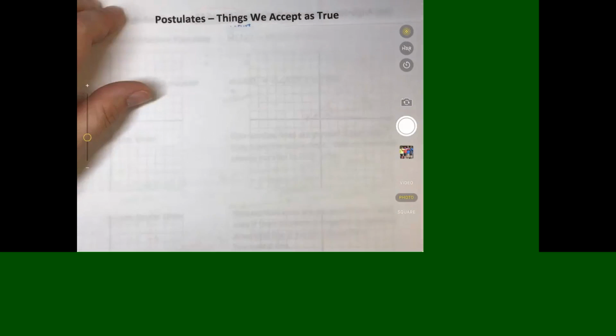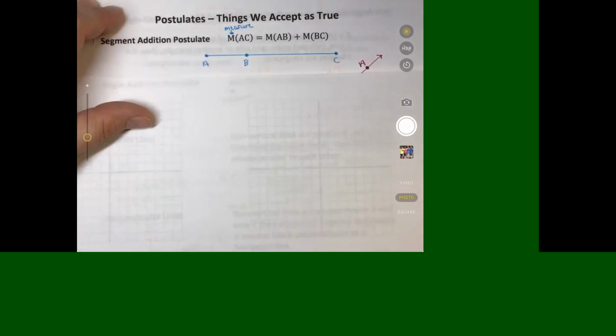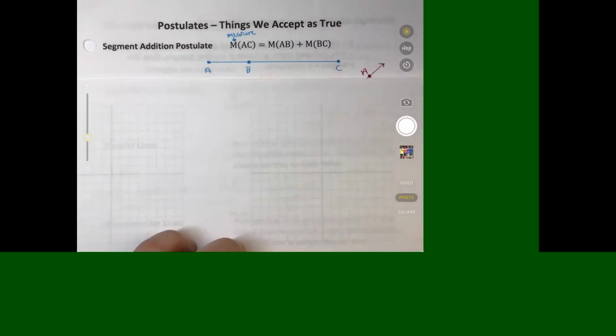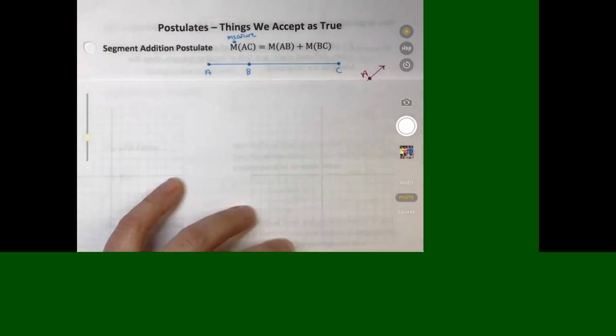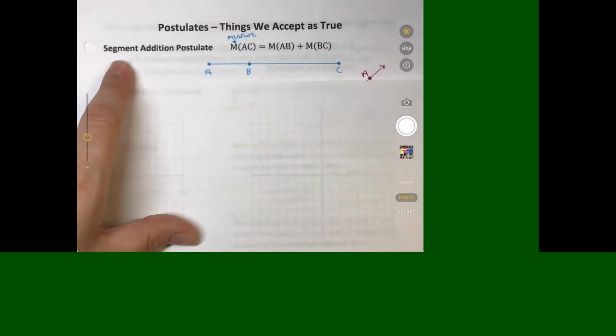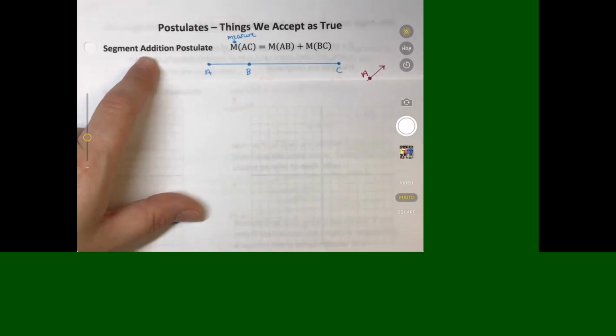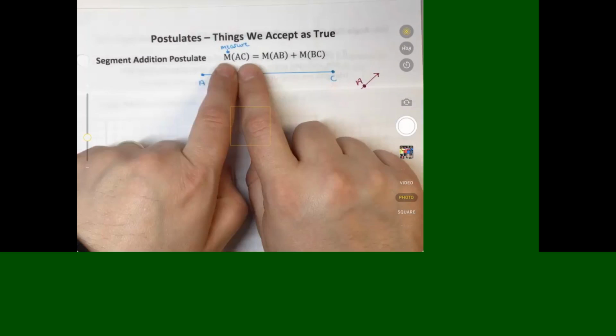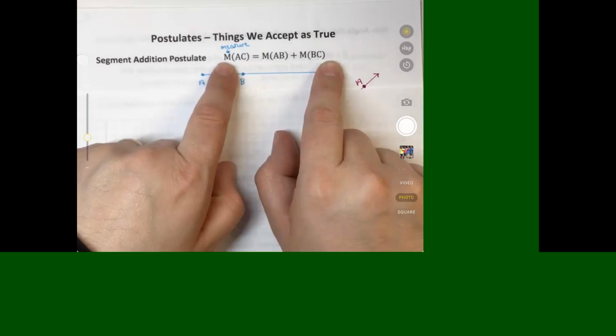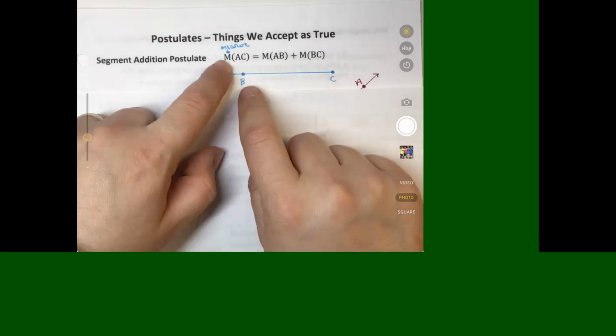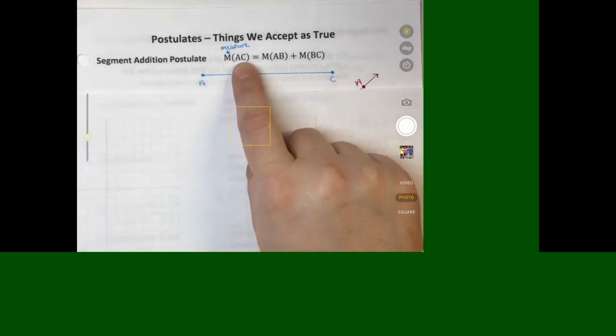Okay, so here's the first one. This is the segment addition postulate. Okay, segment addition. So think about that. We're taking two segments and we're going to add them together. So what does that mean? Here's what it means in symbols. The M means measure of line segment AC.